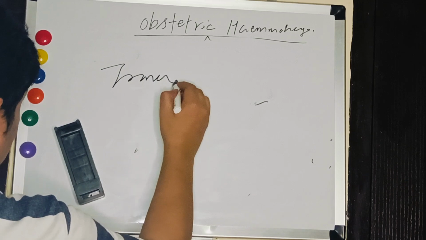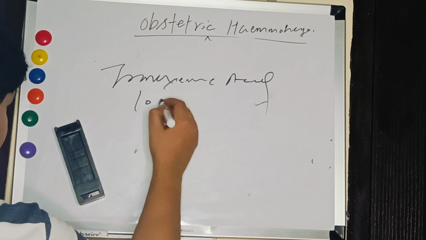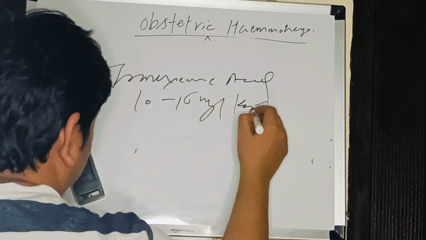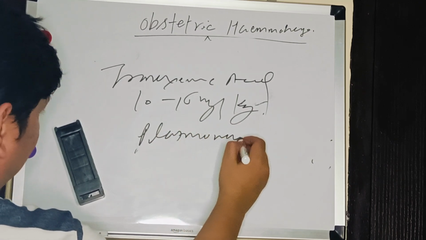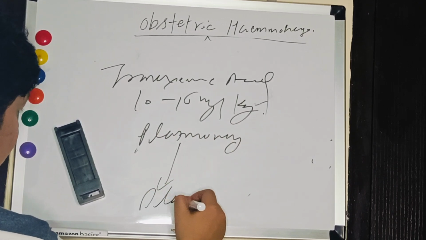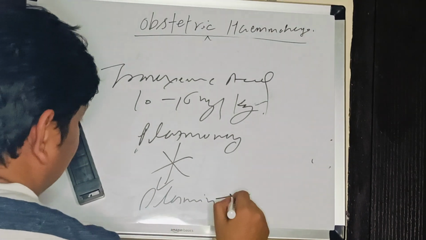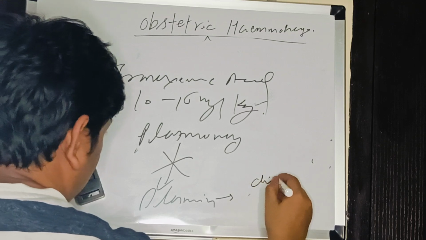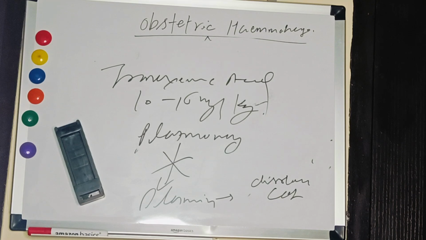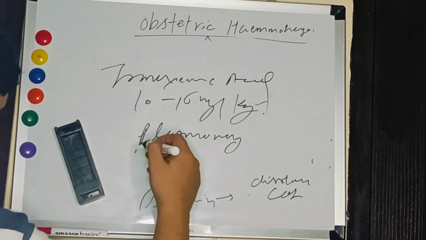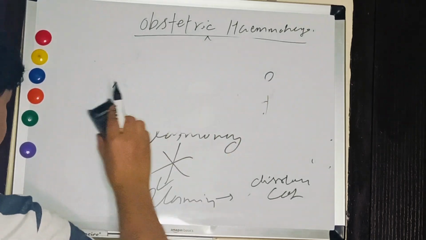Tranexamic acid, 10 to 15 milligram per kg body weight. Mechanism of action is to stop the conversion of plasminogen to plasmin. Dissolution of clot is the work of plasmin. So if we stop this pathway, it will help in stopping the bleeding.